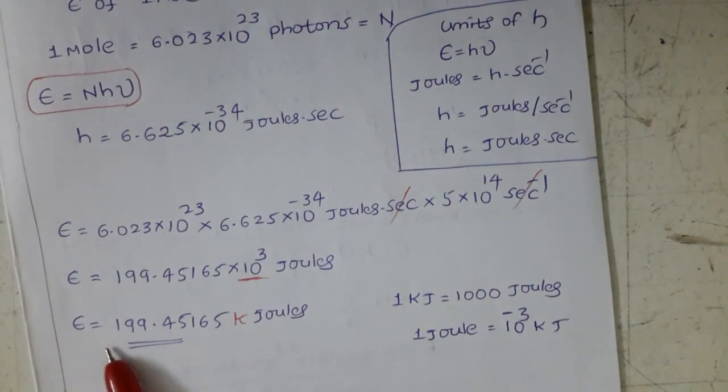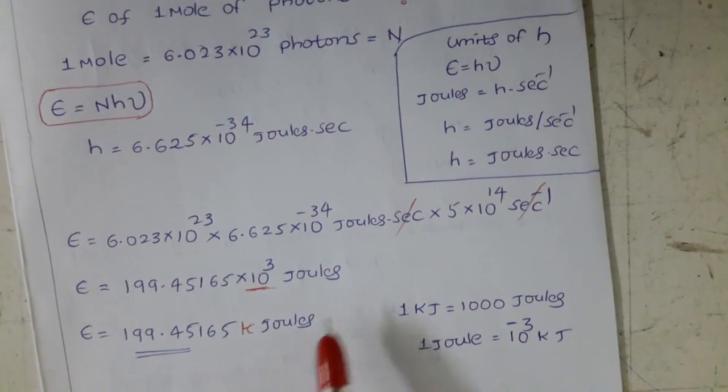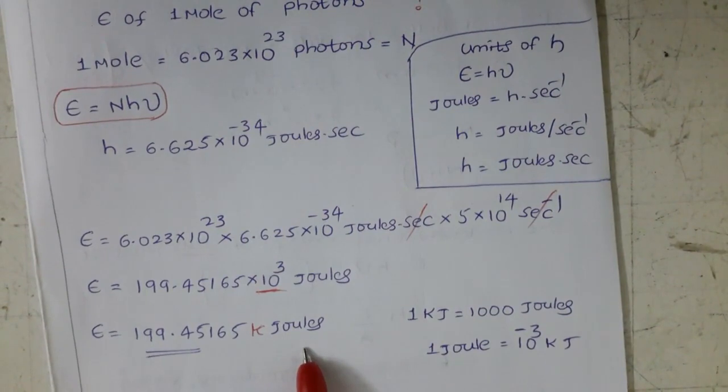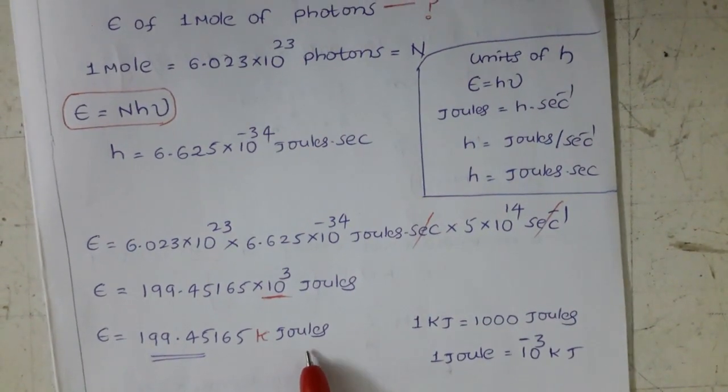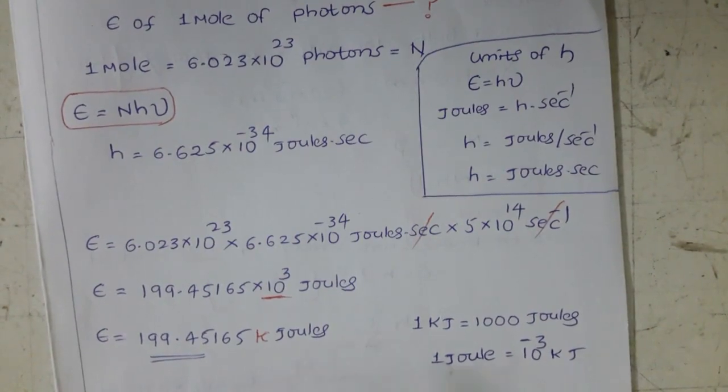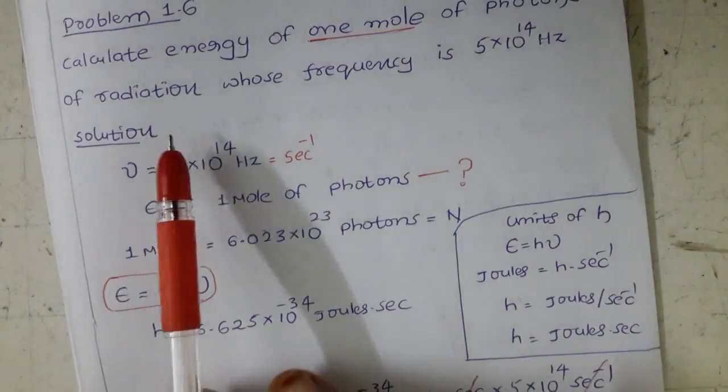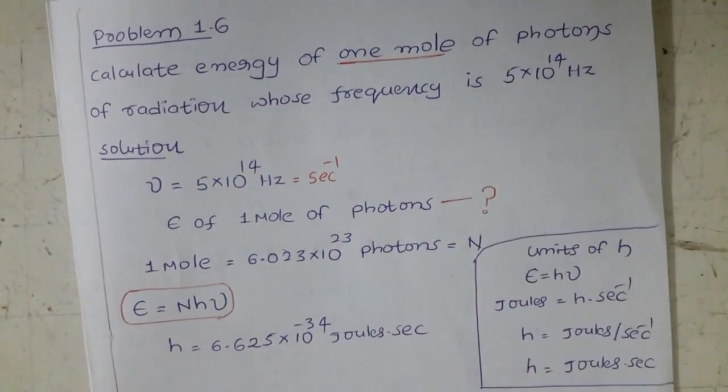So energy equals 199.45 kilojoules. You can stop here, depending on the question. If they ask for the energy in kilojoules, you have to do the solution up to here. So we calculated the energy of 1 mole of photons.